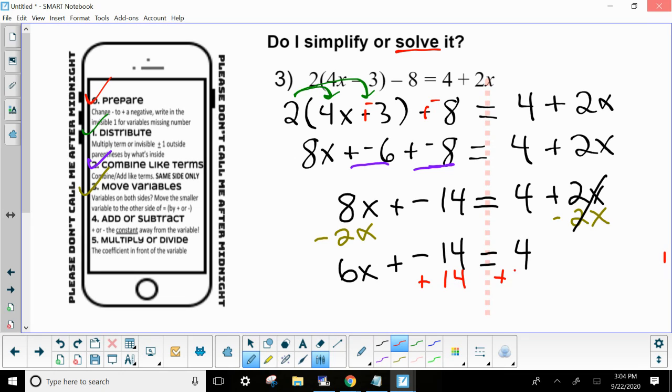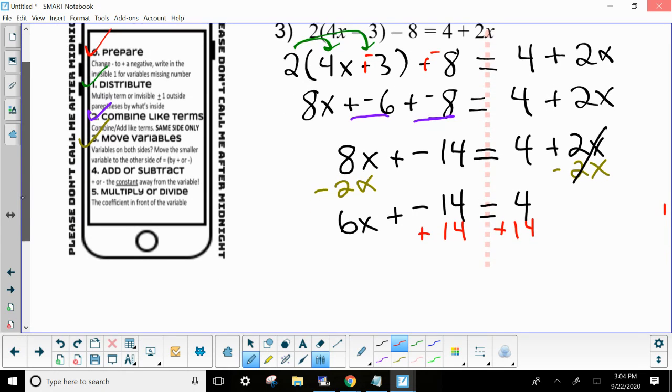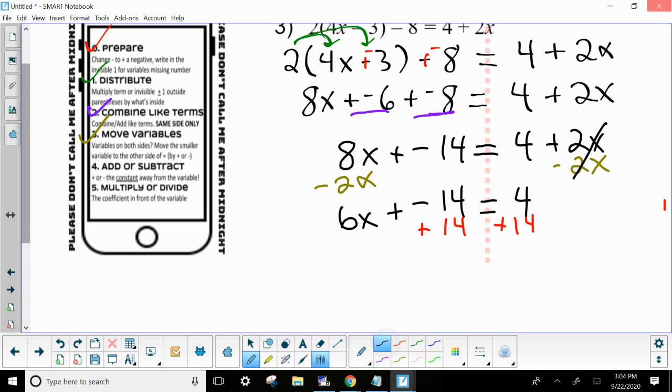Then I will be left with 6x is equal to 18. That cancels out, so we just added or subtracted the constants away from the variable.